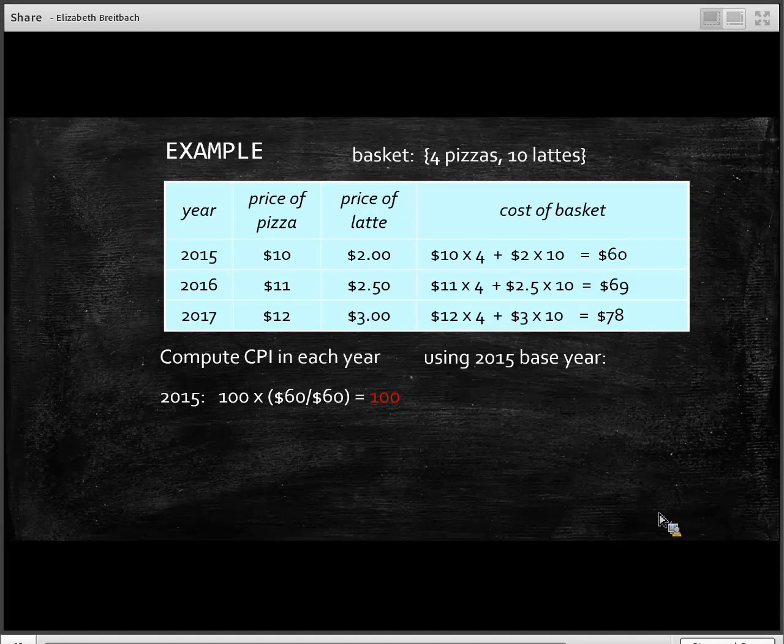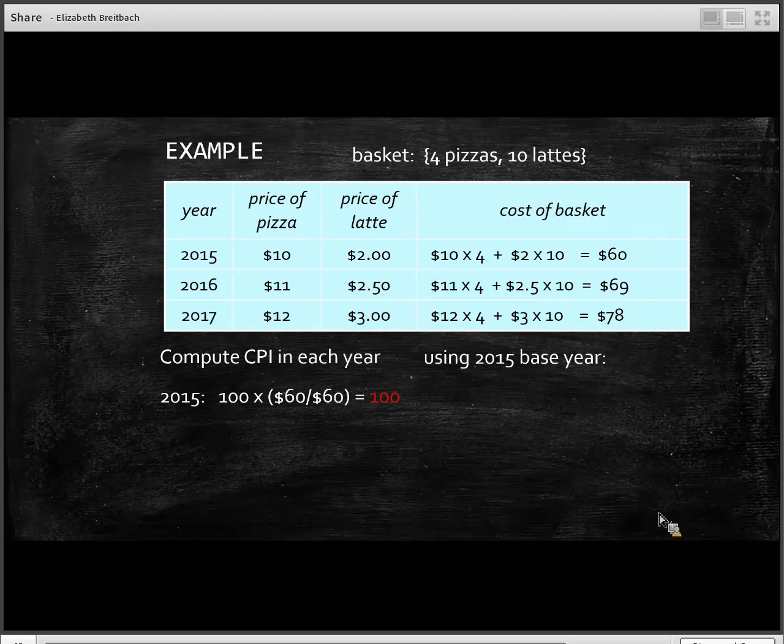And then we multiply that by 100. And so the CPI in 2015 is 100. And actually what you'll find is the CPI in the base year will always be 100, because the cost of the basket is the cost of the basket in the base year.